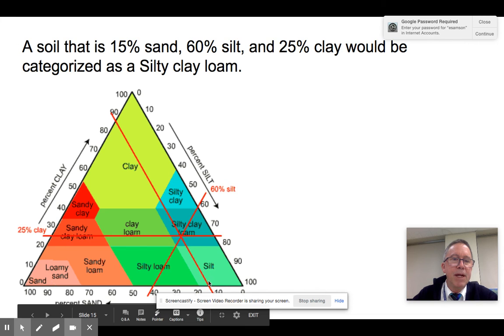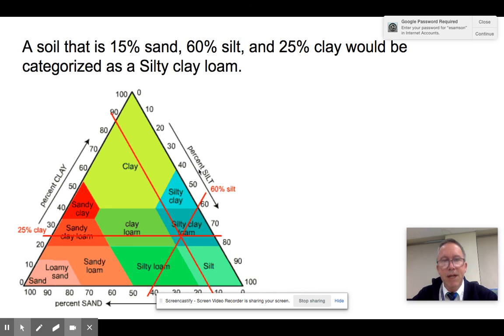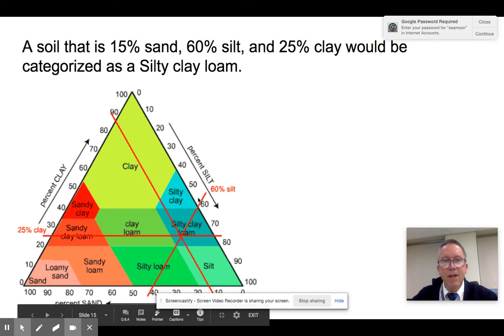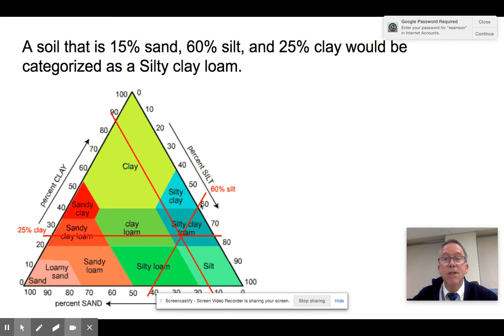Mr. Sanderson, why am I drawing the line this way? Because I'm drawing it parallel to the line that represents 0 of that portion. So this line here represents 0 sand. So I'm going to draw a line here at 15%. So everywhere along here is 15% sand. I'm 15 from this 0 line, okay? Silt is 60%. So here's the silt axis. 50, here's 60 on the silt axis. So I have to draw that line parallel to 0 silt.